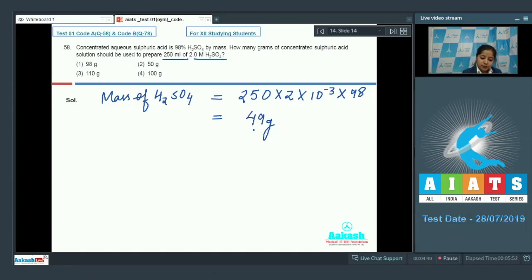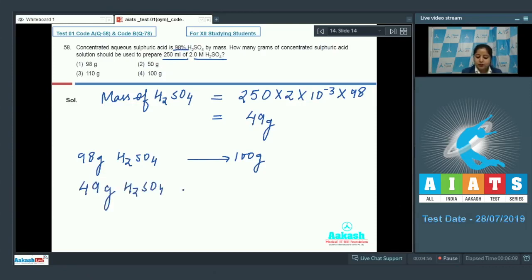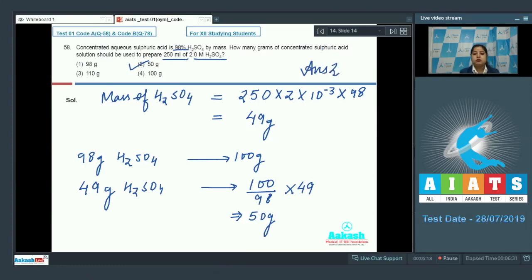So, we can see that 98 grams of H2SO4 is present in 100 grams, as it is already given. The mass percent of H2SO4 is 98%. Therefore, 49 grams of H2SO4 is present in 100 divided by 98 multiplied by 49, which ultimately equals 50 grams. Therefore, the correct answer is option number 2.